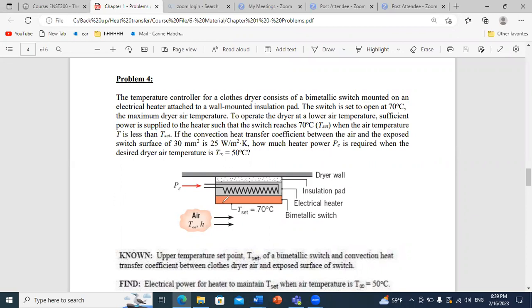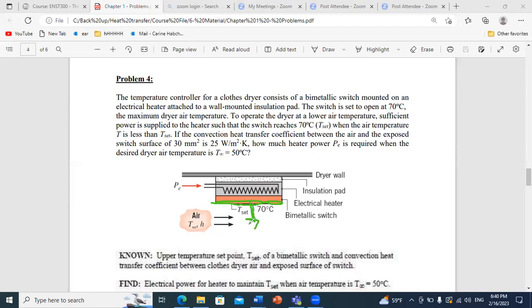So it's very similar to the previous problem we have done. Because you want to maintain a constant temperature of 70 degrees here, this means that you need to perform in steady operation. And in steady operation, you should make sure to compensate for losses. As air will move over your surface, it will take heat by convective effects.